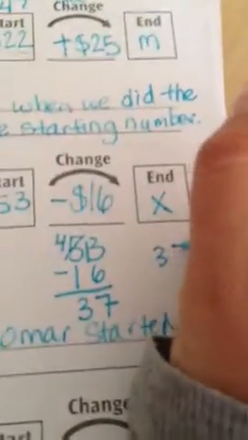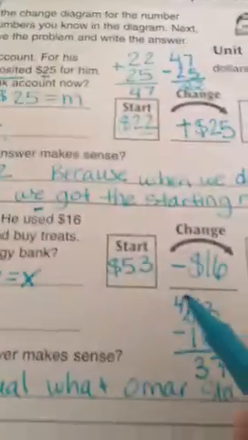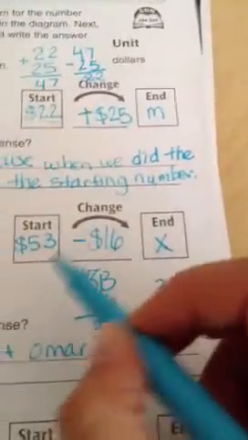So let's test it. 37 plus 16 should equal 53 because that's what he started with.